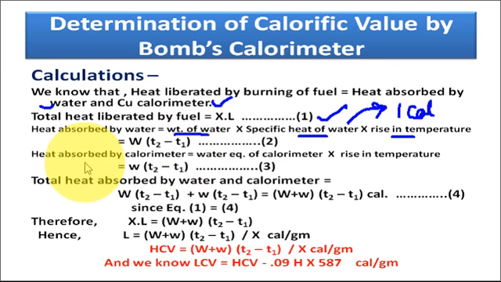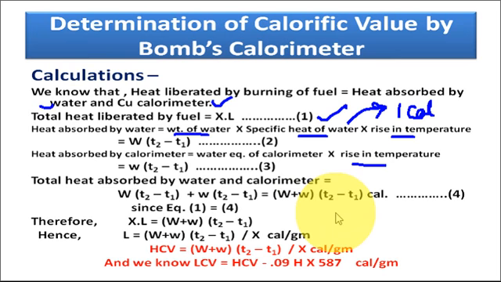Now the heat absorbed by the calorimeter is equal to the water equivalent of the calorimeter multiplied by the rise in temperature, so it is small w (T2 minus T1). So the total heat absorbed by water and calorimeter is capital W (T2 minus T1) plus small w (T2 minus T1). Taking T2 minus T1 common, it is (capital W plus small w)(T2 minus T1) calories.